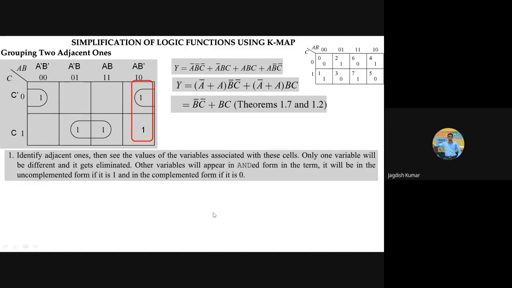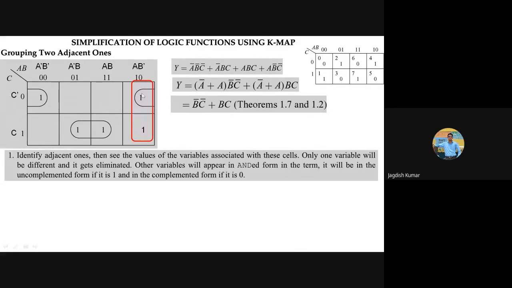That's the procedure I illustrated. Identify adjacent ones, then see the values of the variables associated with these cells. Only one variable will be different and it gets eliminated. The variable which is actually changing gets eliminated; in this pair, A is changing, so it is eliminated. That's why this term gave you BC.